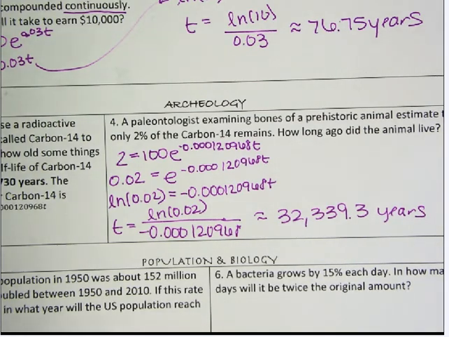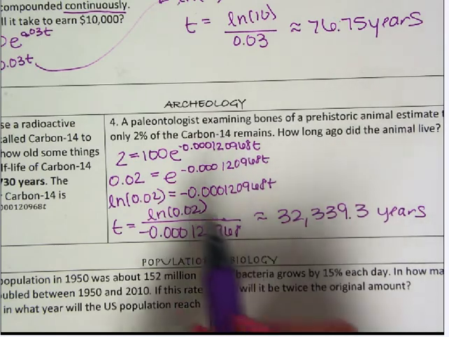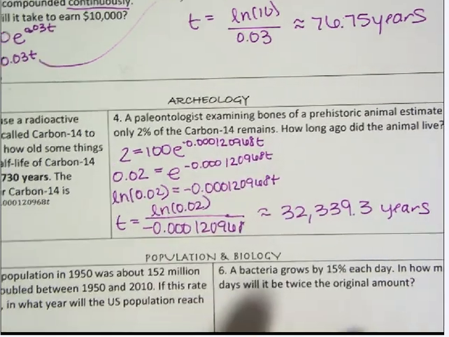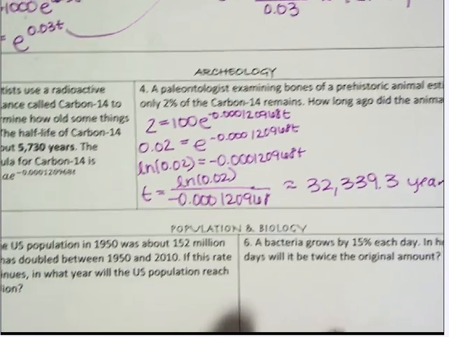So the fact that this animal only had 2% of its carbon remaining means that it's about 32,000 years old. Carbon dating is a really interesting thing, and it's related a lot to e and the natural log in the solving process of how to figure out how old something is.